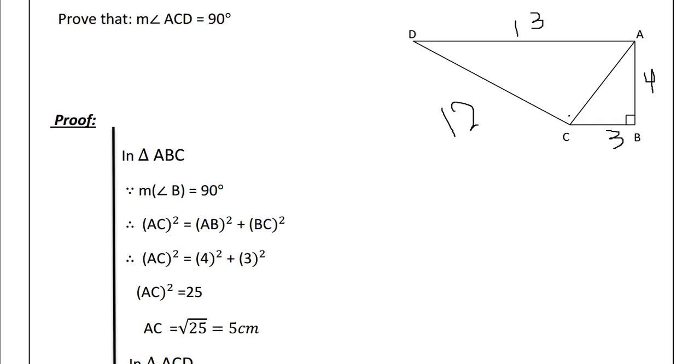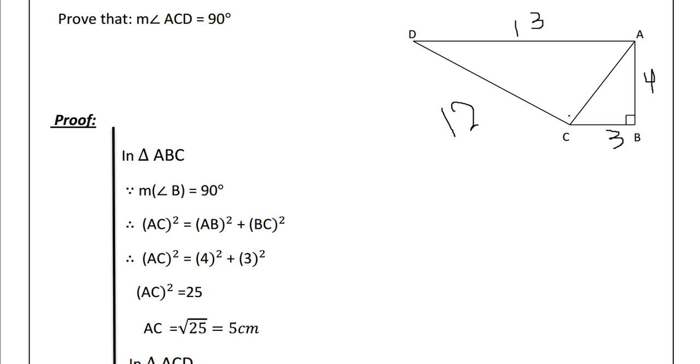So AC squared equals 4 power 2 plus 3 power 2. AC squared equals 25. So to get AC, we take the square root of 25, which equals 5 centimeters. And then we will go to the next triangle, ACD.